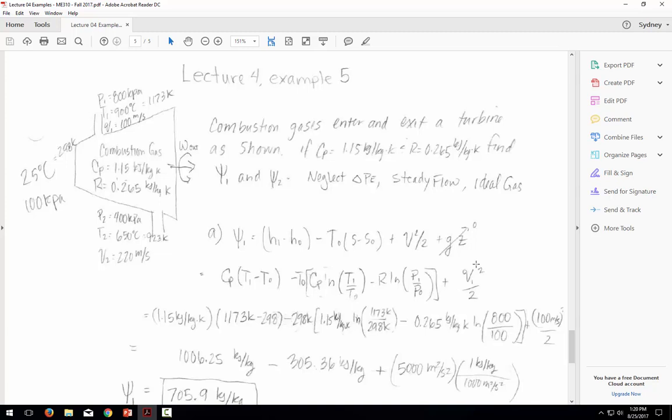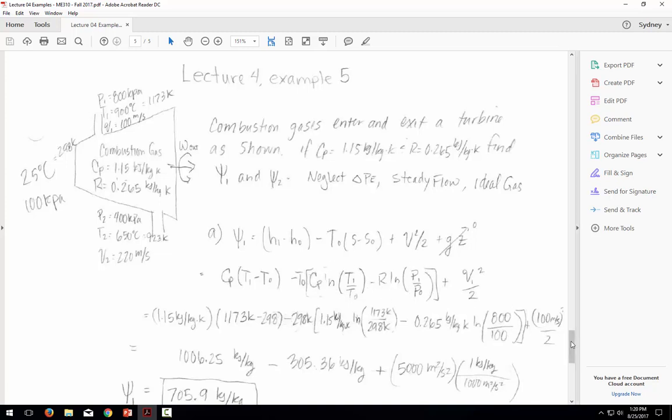And then it's plus this velocity term squared over 2. If we start plugging in the numbers, again being careful to use Kelvin in our analysis, we make sure that this T naught gets applied to both terms, so we multiply it by everything inside this equation here.